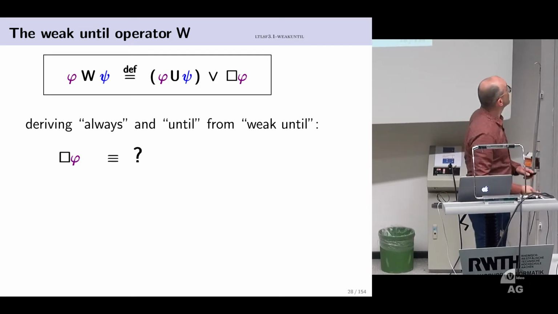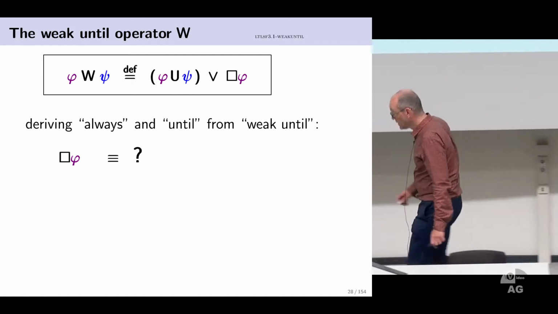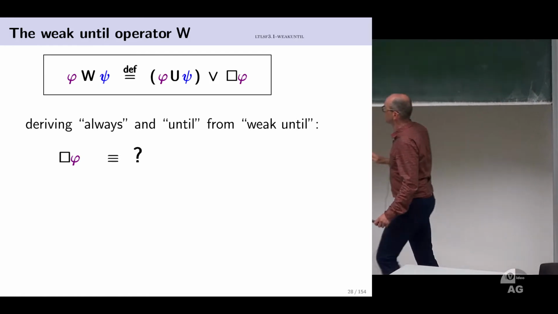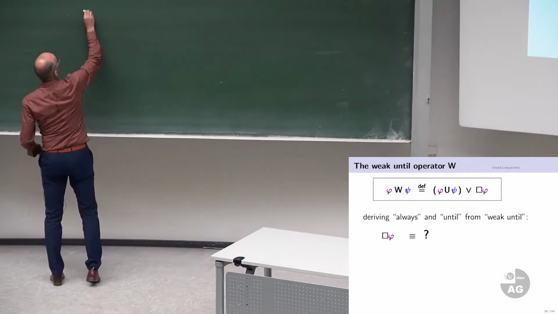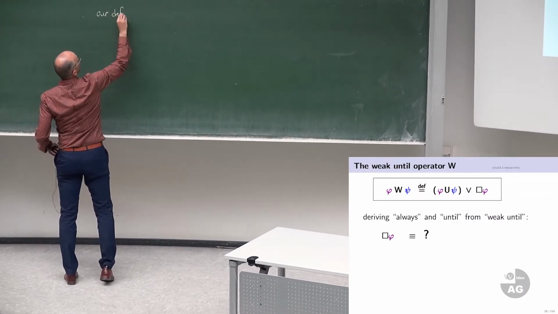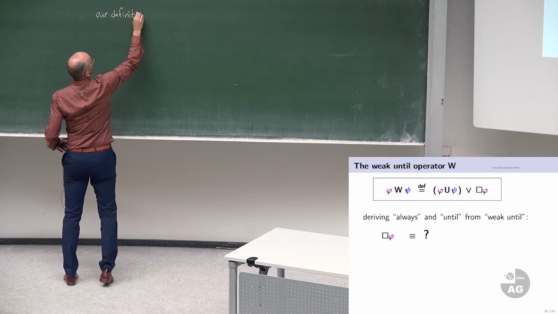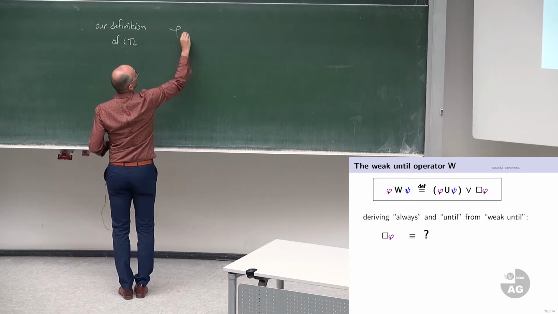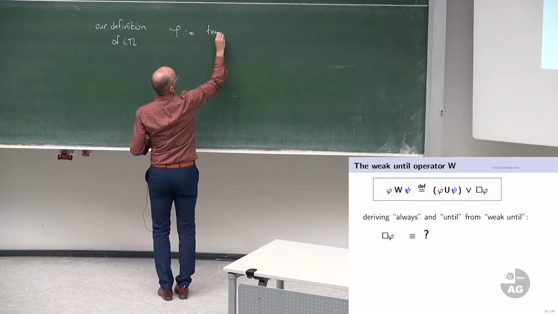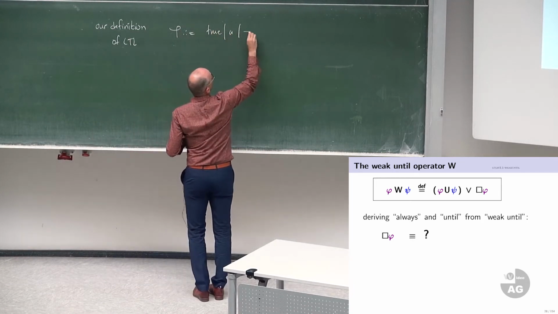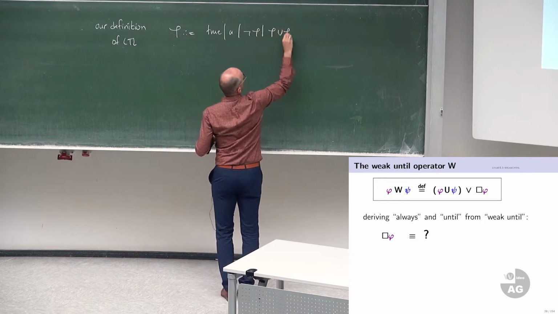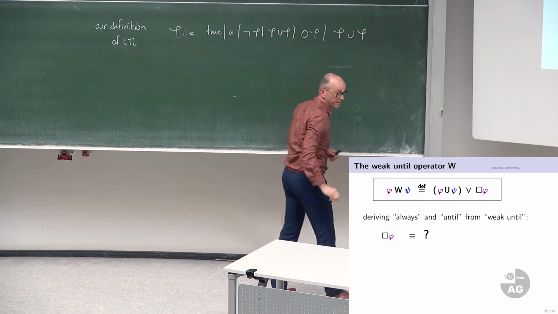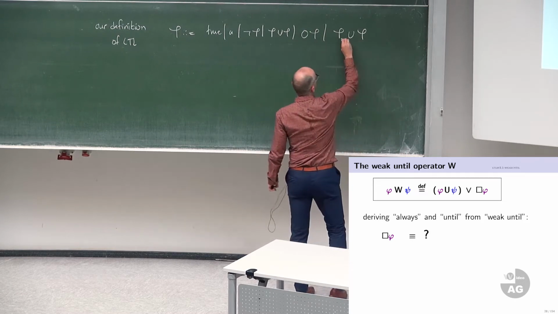So what does that mean? What I'm saying is the following. Our definition of LTL was something of the form phi is semantically something like true, an atomic proposition, you can have negations, you can have disjunctions, you can have next of phi, and you can have phi 1 until phi 2.